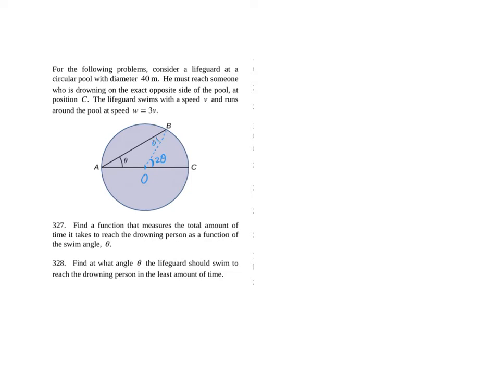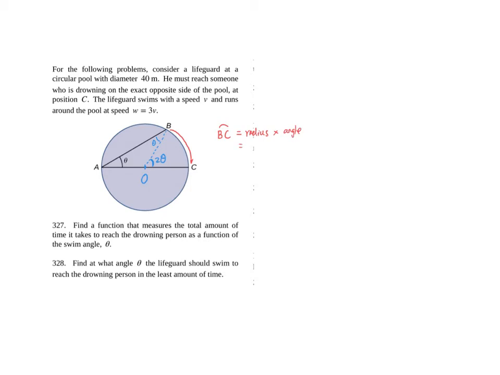And so with that we do know the length of arc BC. This is equal to the radius times the angle.